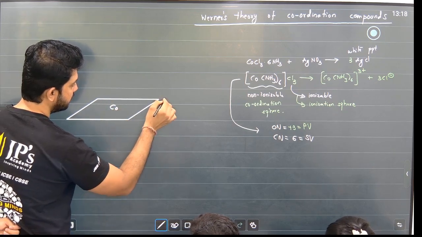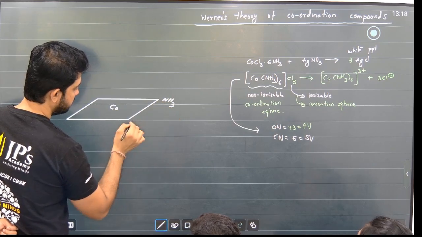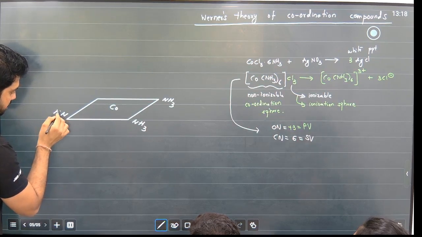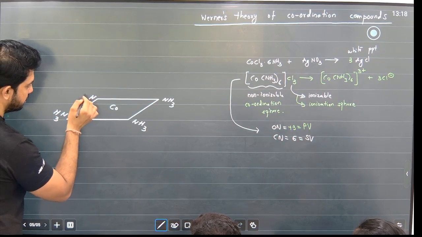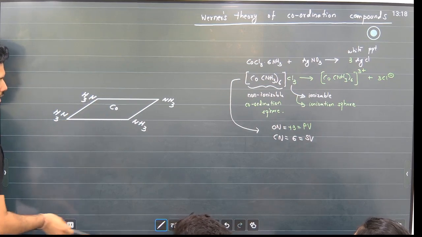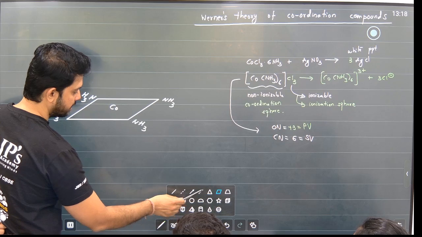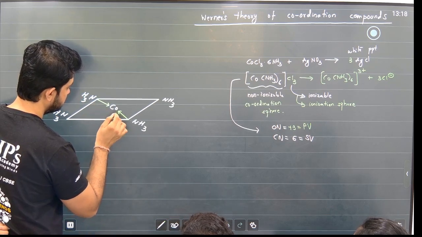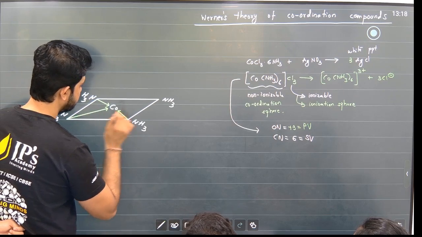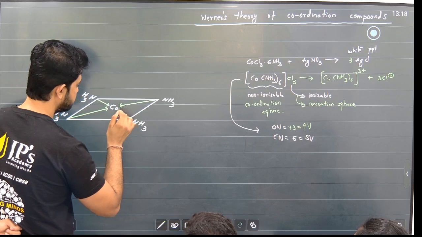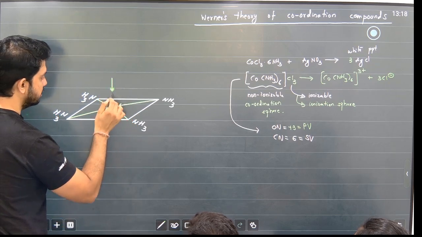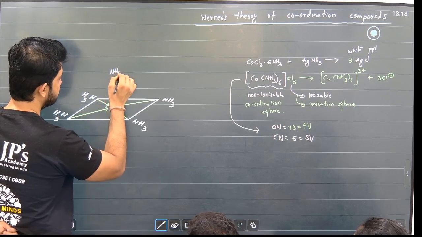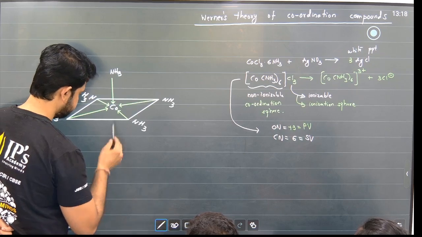The ligands are NH3 amine, NH3 and NH3, coordinate bonds. How many NH3s are there? 6. Where's the fifth one? Above the plane. And what about the last one? Below the plane.